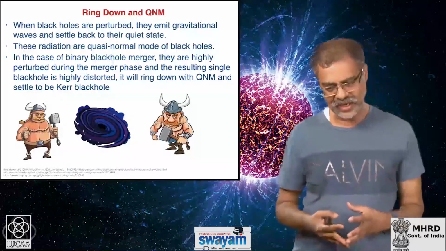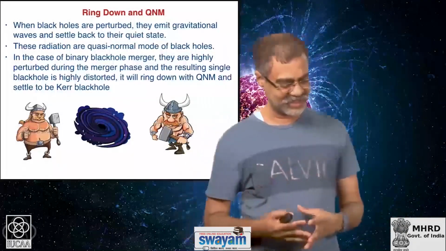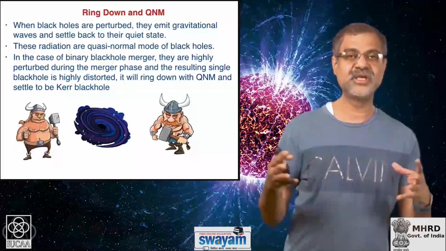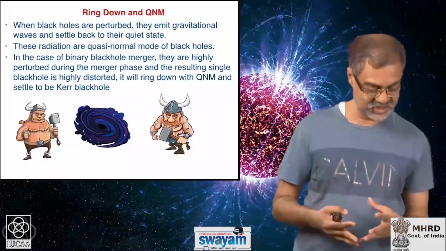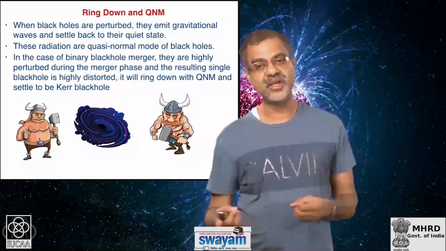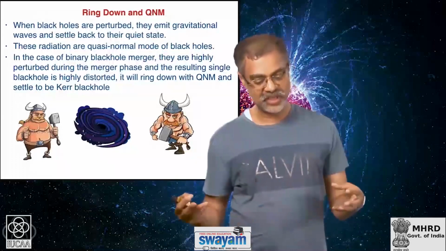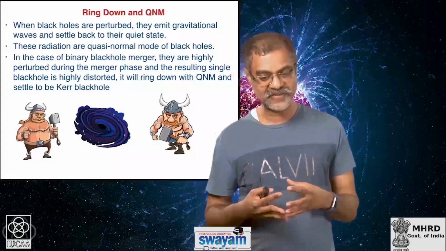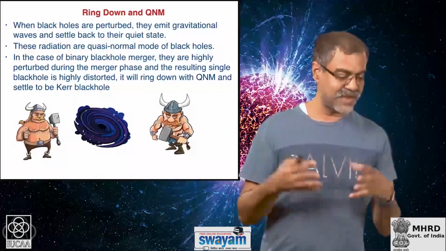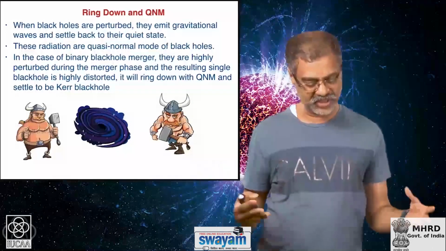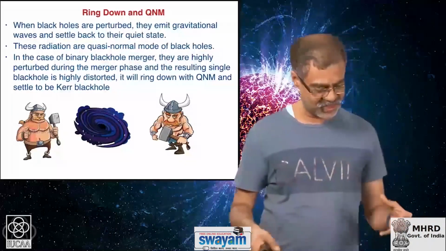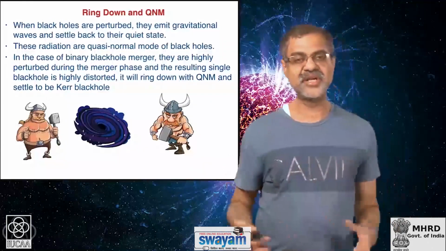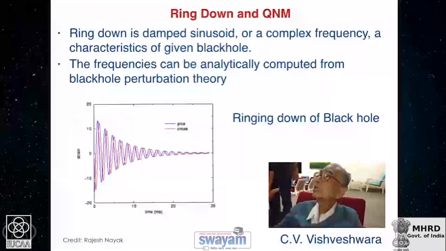You take a black hole, your favorite black hole, either a Kerr black hole or a Schwarzschild black hole, and perturb it using a given system. In this case of a binary coalescing system, you may be merging two black holes, and the resulting black hole itself is highly disturbed. Or you could have a system where a black hole is disturbed by the neighbors, you hit it with fields or hammers or whatever is appropriate, and see how the resulting system behaves.